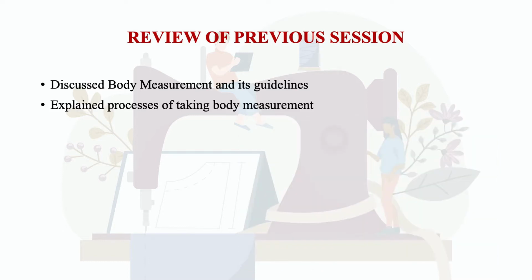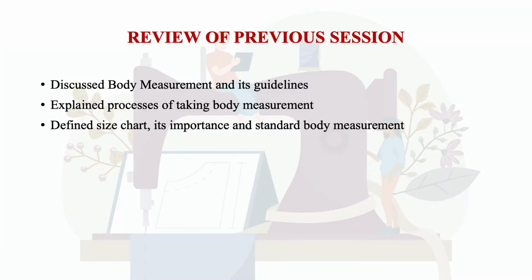We explained the process of taking body measurement; there are various steps by which we can take a correct body measurement for creating a good pattern. We defined the size chart, its importance and standard body measurements. These points we have covered in the earlier sessions.